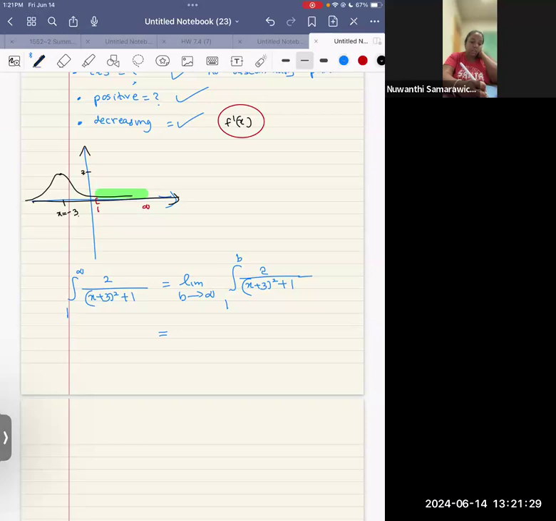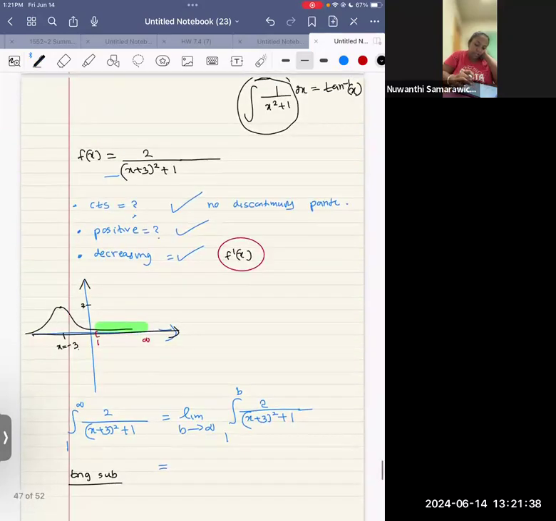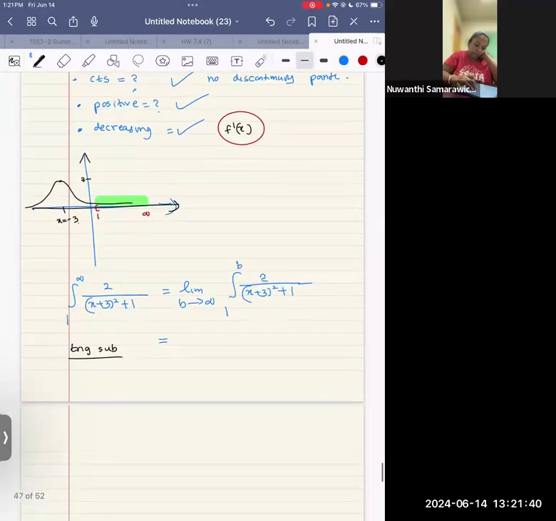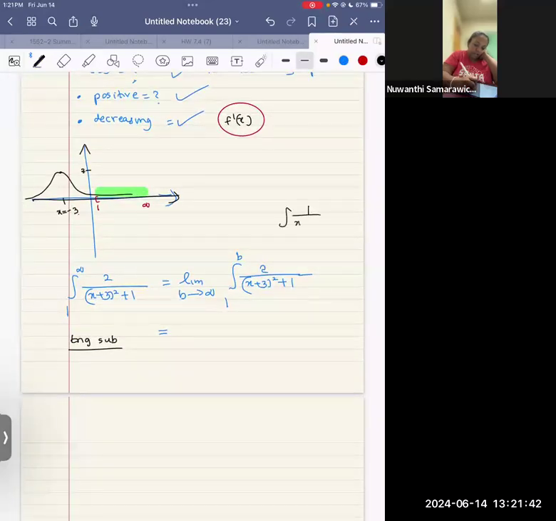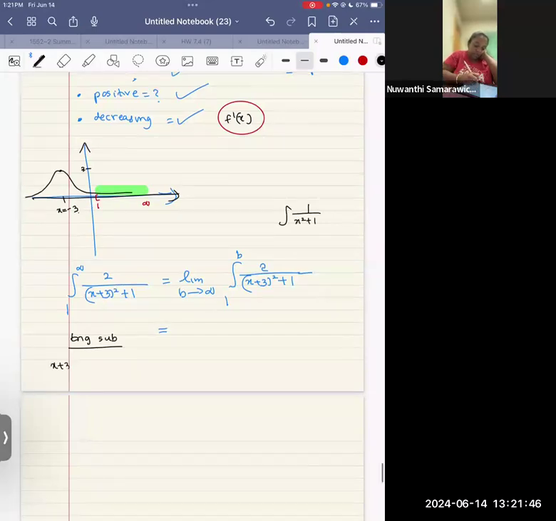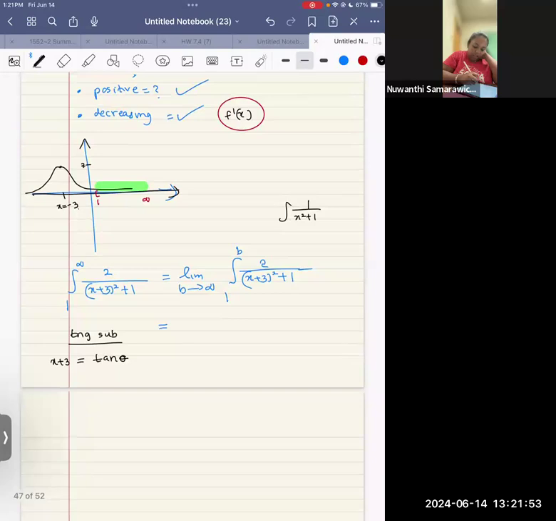Here we are going to use trig substitution, because we know this kind. I'm going to use x plus 3 equals tangent theta. Then dx, when you differentiate the right hand side, you will get secant squared theta d theta.